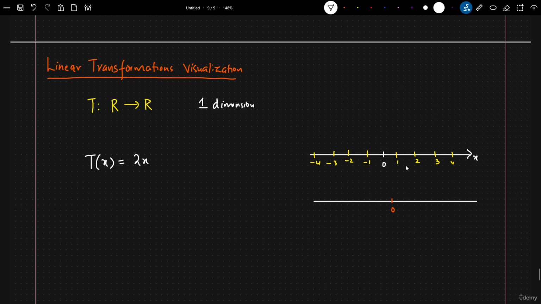This 1 will become 2, this 2 will become 4, this 3 will become 6, this 4 will become 8. Similarly, -2, -4, -6, and -8. So this is a perfect example of this kind of transformation.